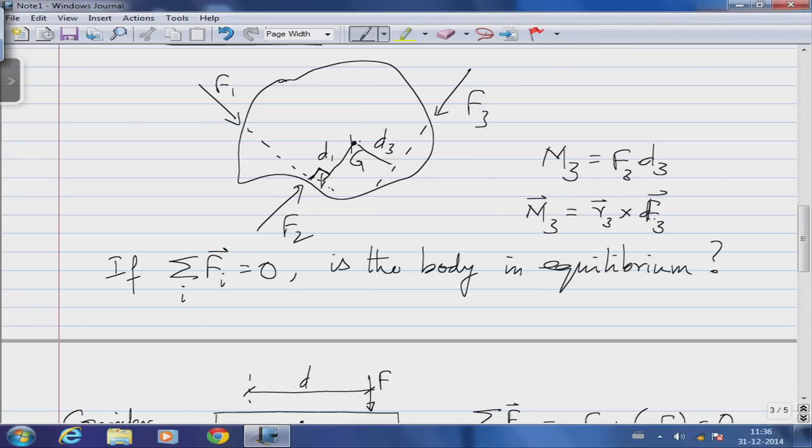R3 being the vector pointing from the point of interest to the point where the line of action intersects the body. So, these are all ways of calculating the moments.